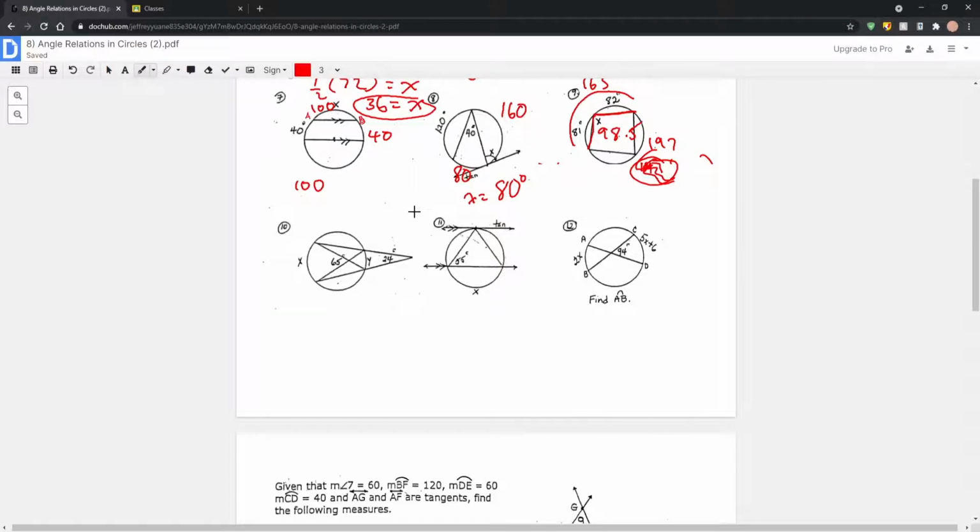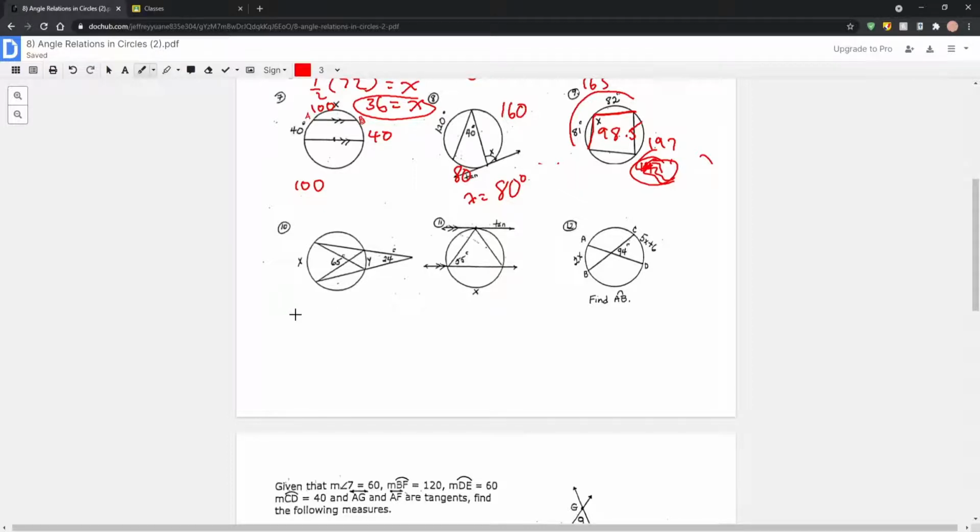Okay, so number 10, you're looking for x and y. Off the bat, we're going to have to use both the intersecting chord measure theorem and the second tangent inscribed angle measurement theorem. Using those two theorems combined, I'm going to set up a system of equations.